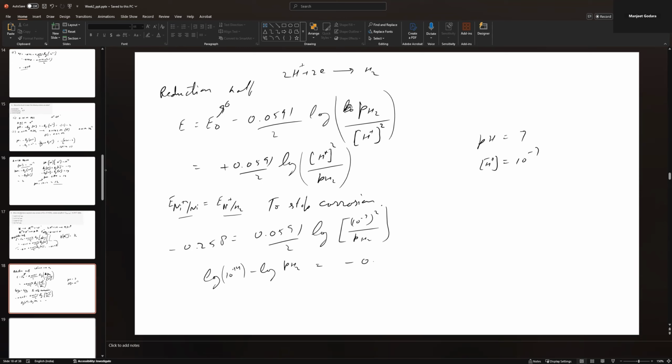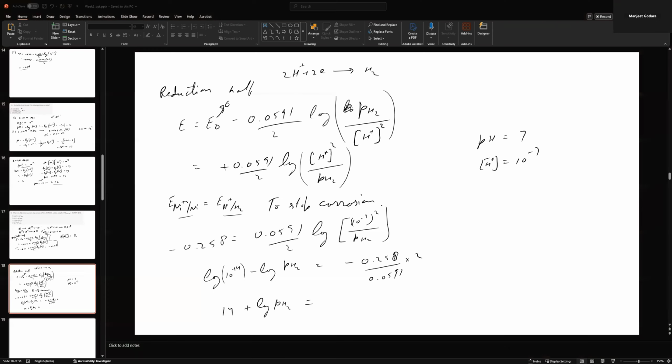equals minus 0.258 divided by 0.0522. This becomes 14 plus log of pH2 equals 0.258 into 2 divided by 0.059.